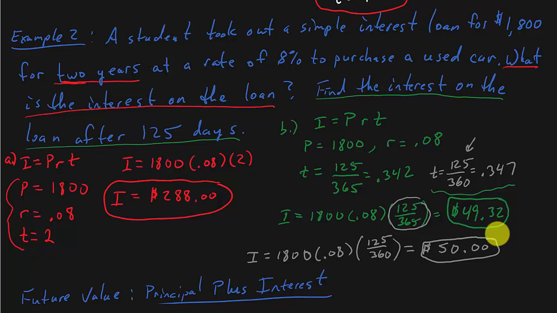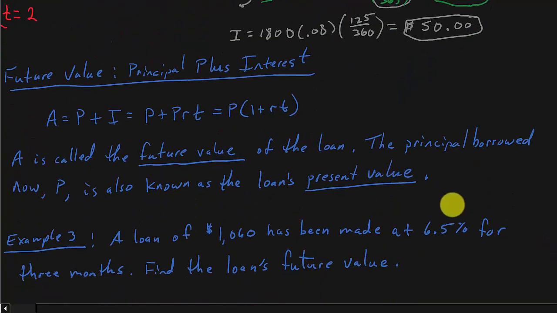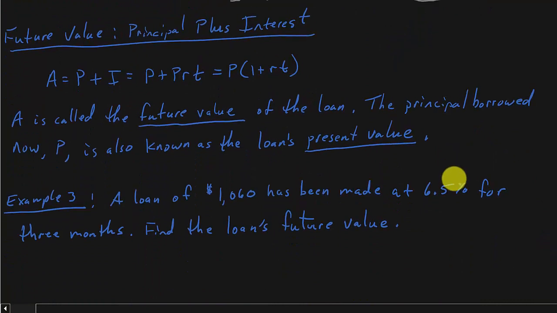All right. So, like I said, this $49.32, that's the correct answer because the problem did not specify the number of days. If it doesn't, use 365. Okay. So what about this one? Future value.